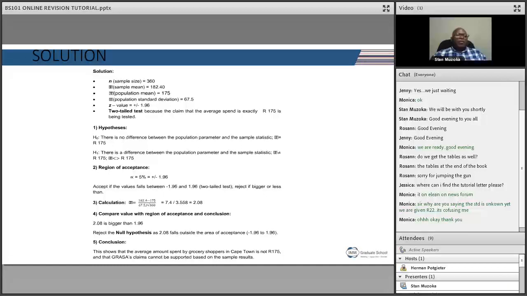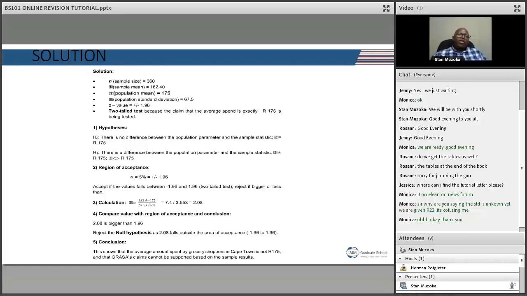So, step number 2, region of acceptance and rejection. You can present it as shown in figure 8.4 on page 203.